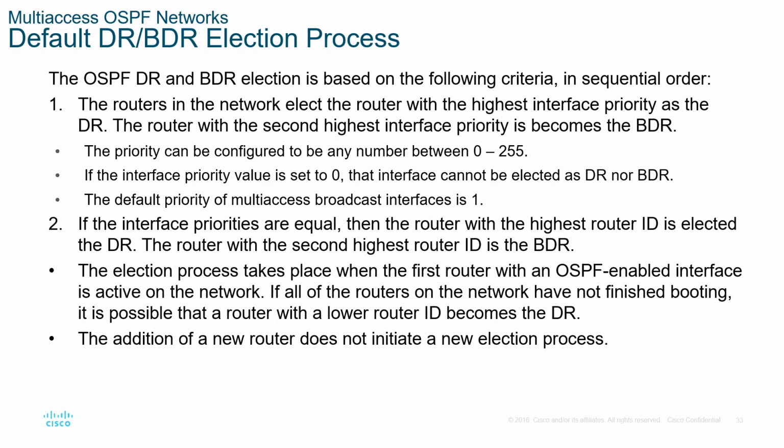We saw that priority is 1. This is why they chose the router ID as the election criteria. Now, it's 0 all the way to 255. 255 is the highest value you can assign.